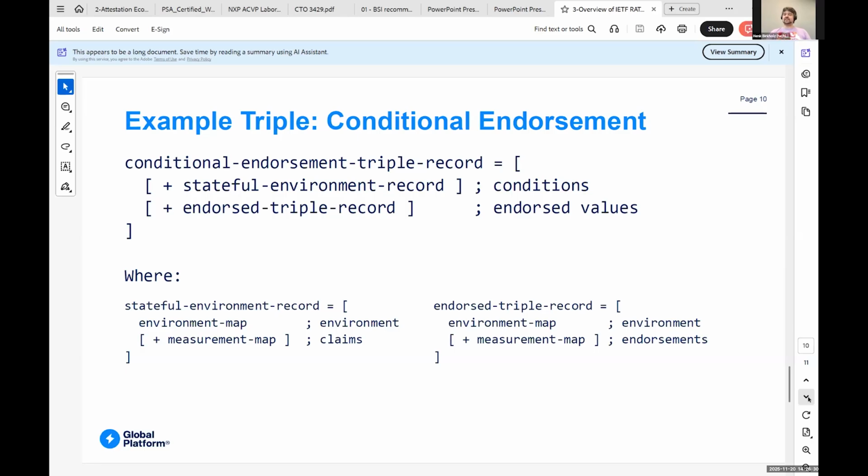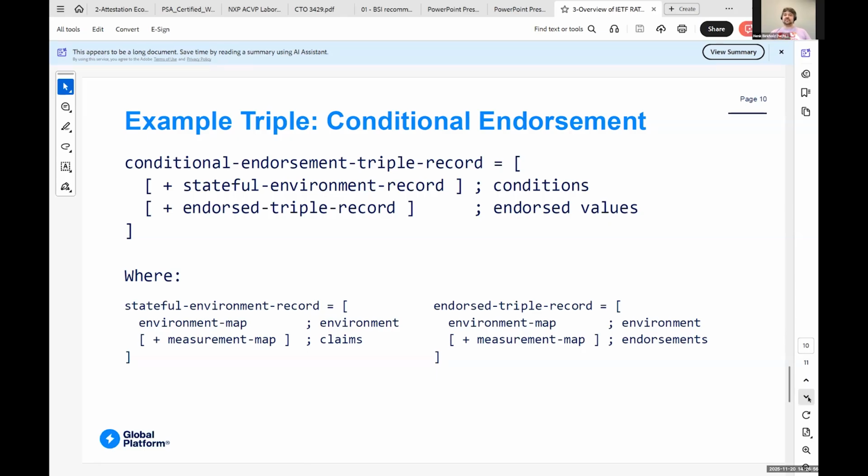So here we can see a more complex one. I already highlighted that sometimes you need a few reference values in order to proceed. So here is a conditional endorsement that needs certain conditions set to associate endorsed values in the end. These endorsed values cannot be known by the attester itself. They come from the endorser.